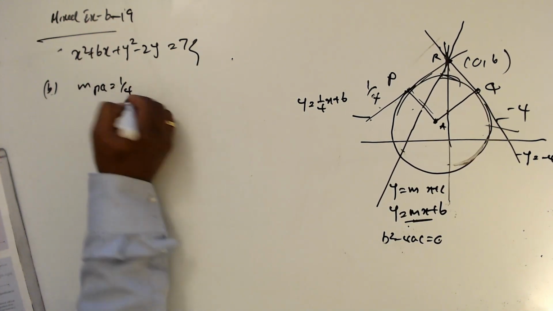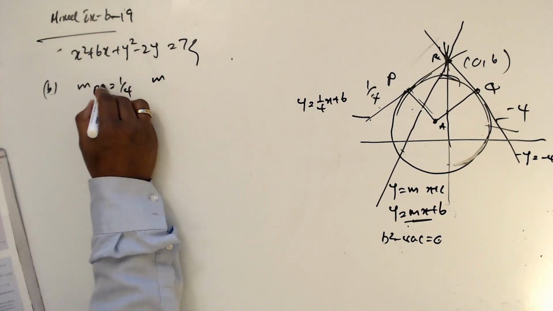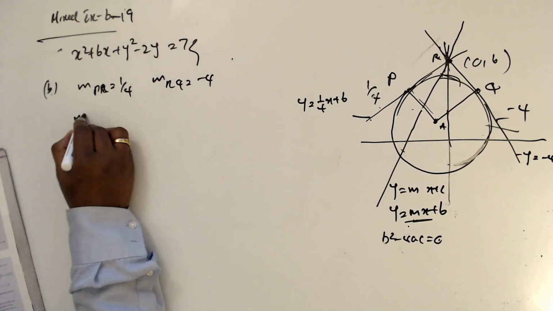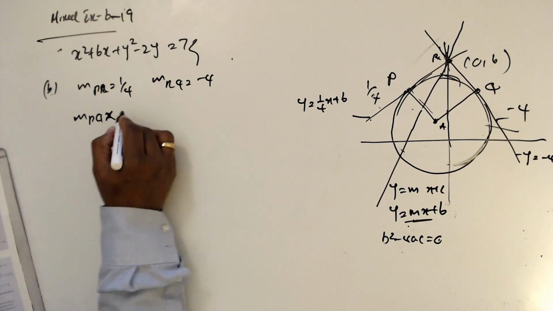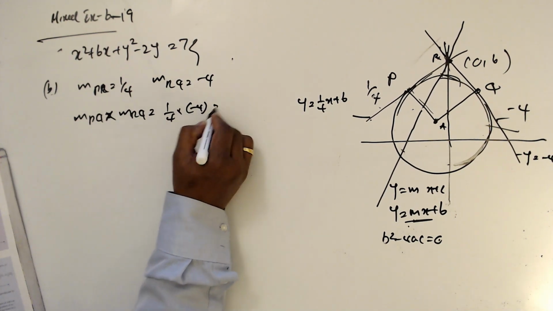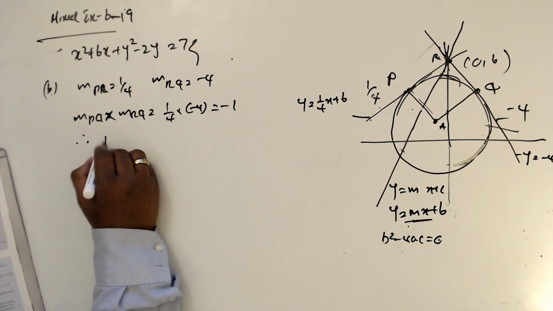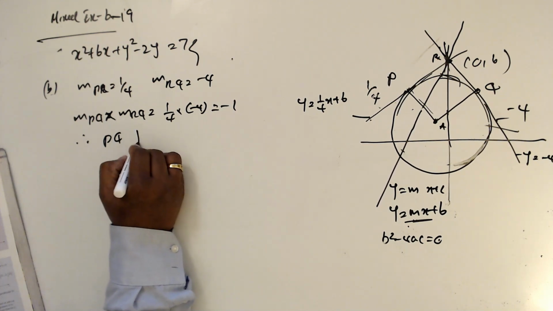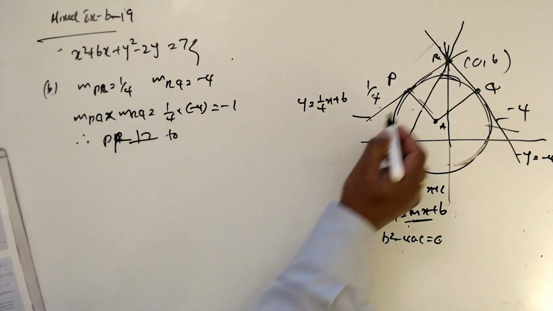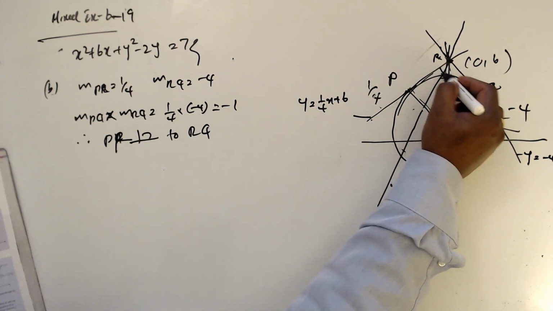MPQ is 1 over 4, PR, and MRQ is minus 4. So MPQ times MRQ, 1 over 4 times minus 4, equals minus 1. Hence, PR is perpendicular to RQ, and this is 90 degrees.